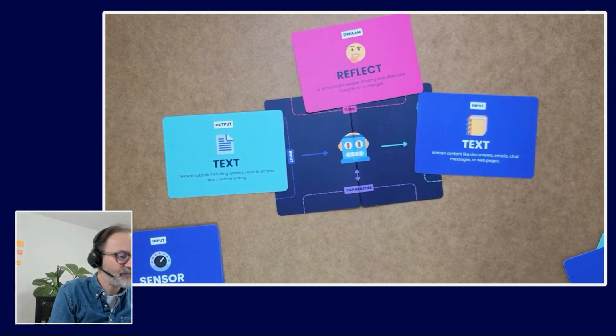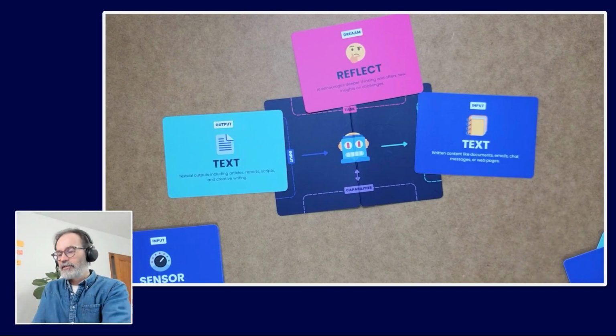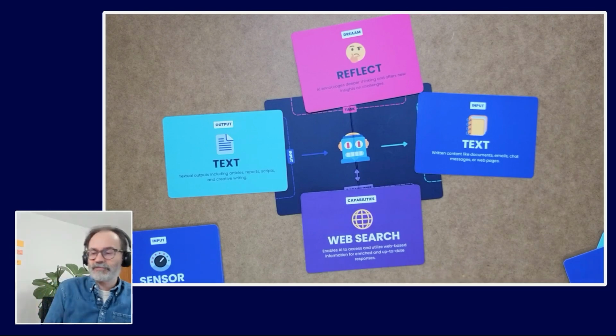Curtis? Yes, thanks. I think you've got implicitly an architecture here. There's input, there's output, and then what is it? Capabilities? Yeah, yeah. I think this is what is emerging to be the standard LLM architecture. I think your card, this base mat, makes sense.